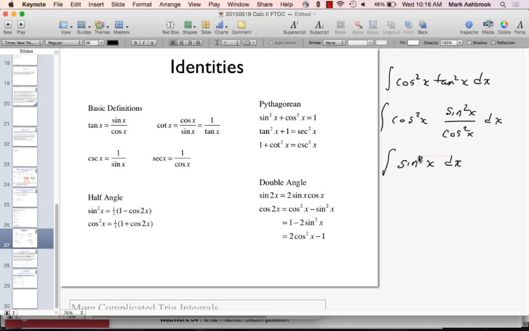Okay, which comes to a very essential fact about solving trig integrals. Whenever you get sine squared or cosine squared, or there could be a different argument here, sine squared of 3x or sine squared of 10x or cosine squared of 15x, whatever, what can we do?